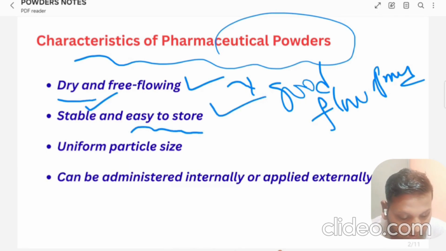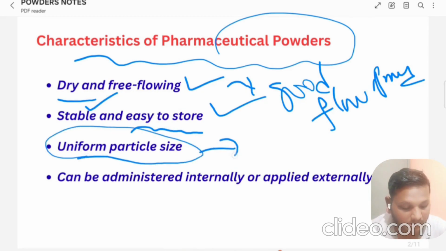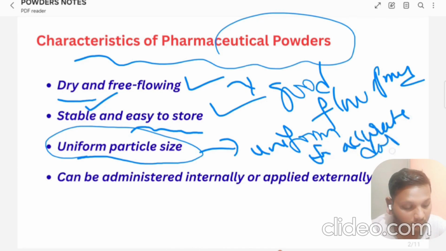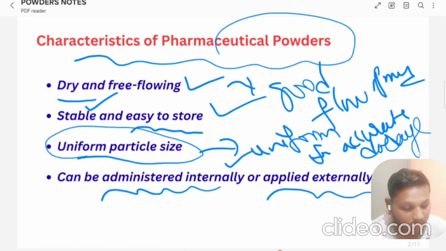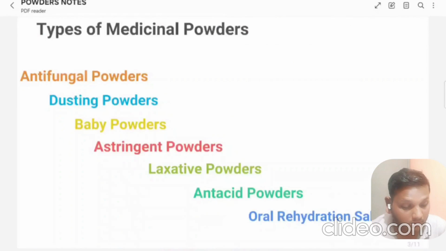The third point is they should have uniform particle size, which is very necessary for uniform and accurate dosage. Then they can be administered either internally or applied externally. Both can be used.